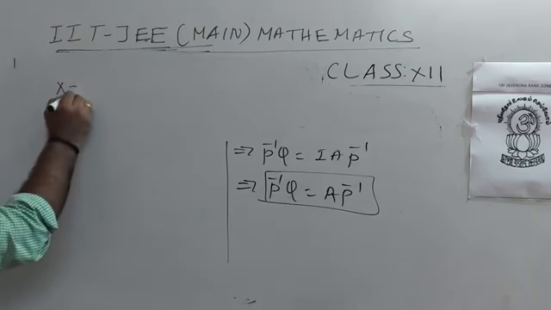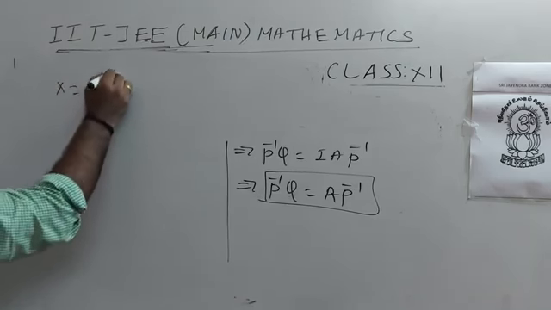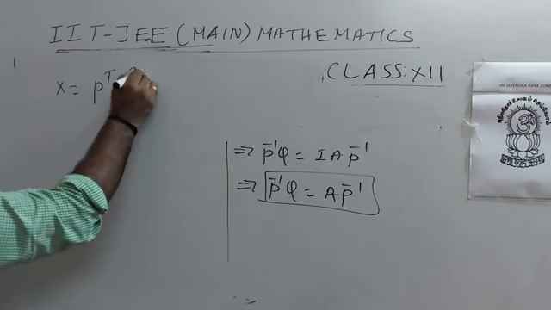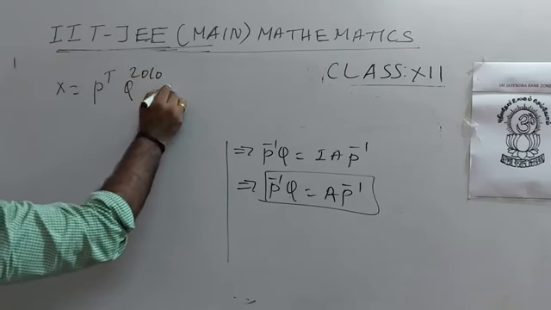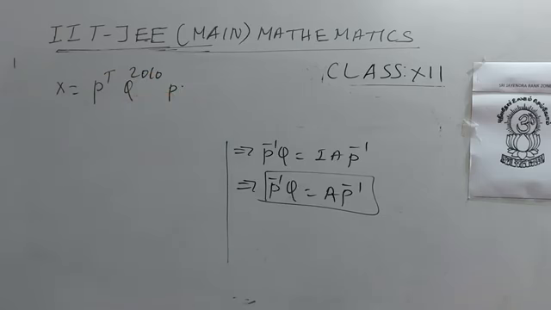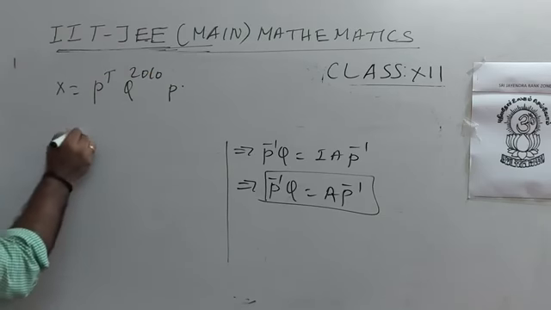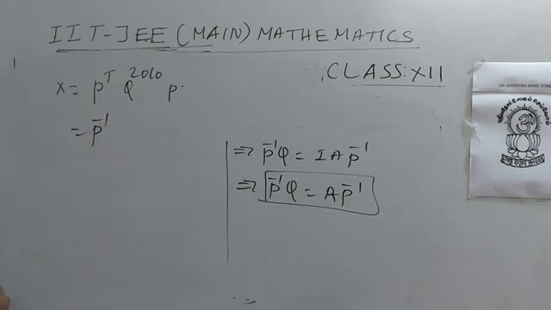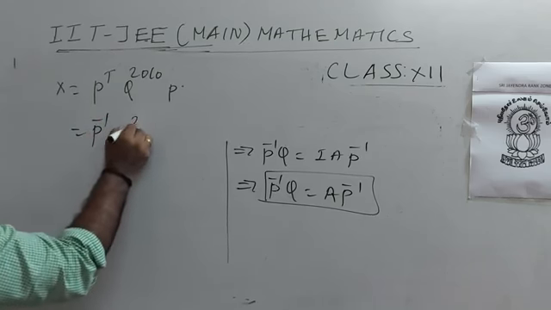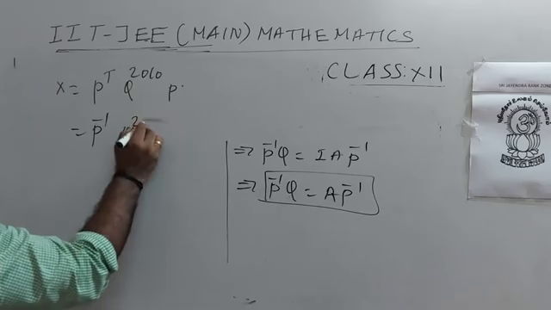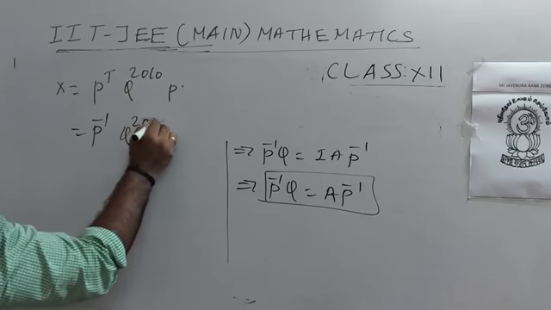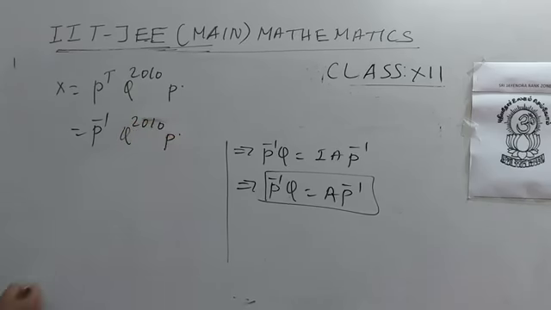Now X equal to P transpose Q power 2010 P. But P transpose equals P inverse, so X equal to P inverse Q power 2010 into P.